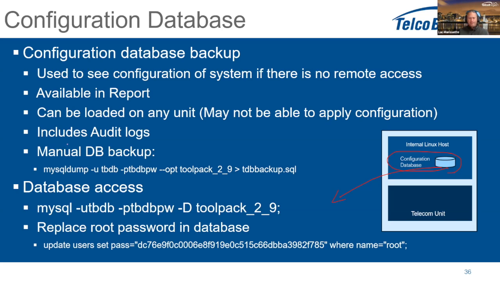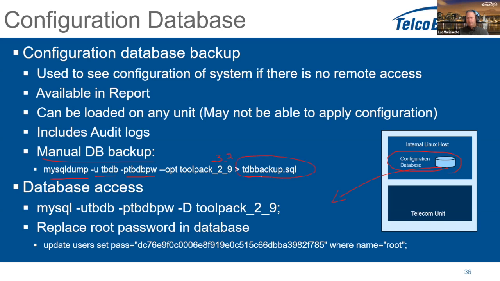So if you connect to that system, you can do a manual database backup here. You do mysqldump, and the password and username of the database are always the same. Oops, I forgot to change this here. So this should be opt toolpack 3.2, right? So _3_2 here.